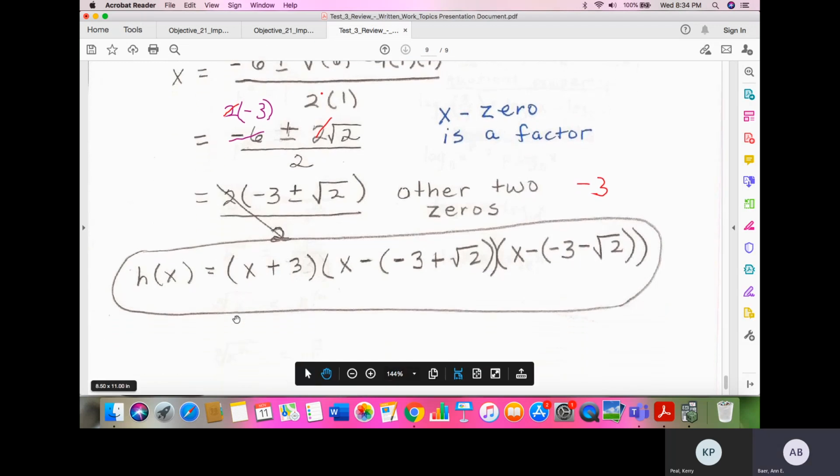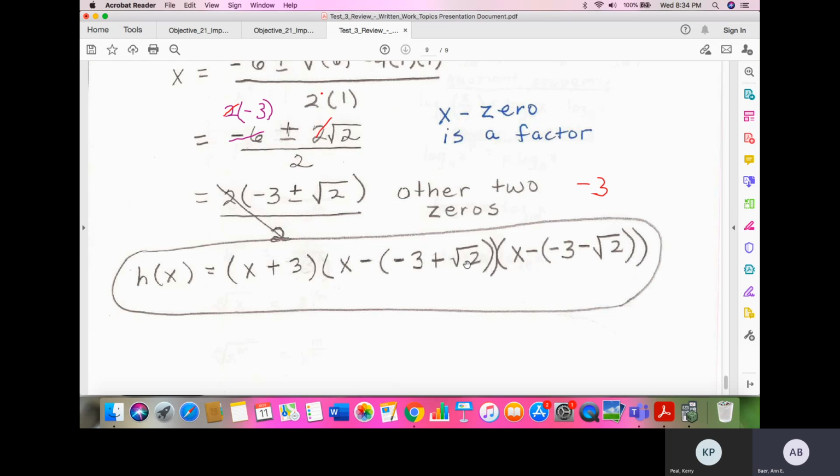So let's use the given 0 first: x minus a 0 is a factor, so x minus negative 3. Minus a minus is a plus, so we actually have x plus 3. And then here, parentheses, x minus negative 3 plus square root of 2. We'll choose the plus one.